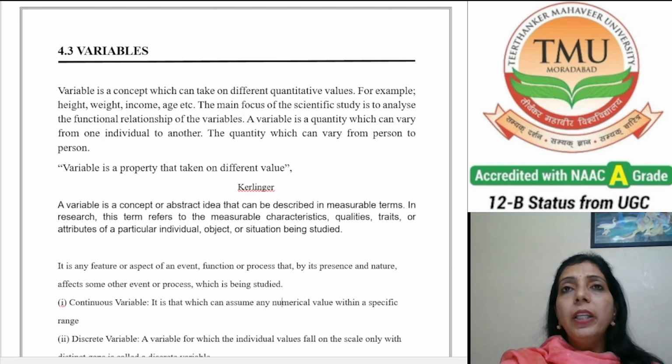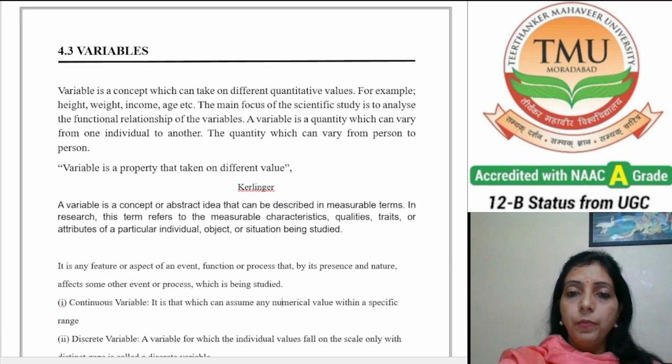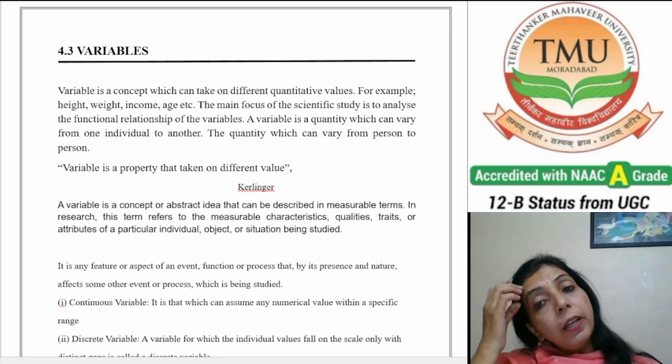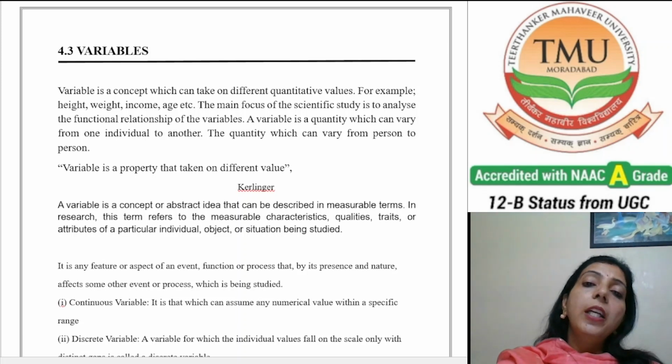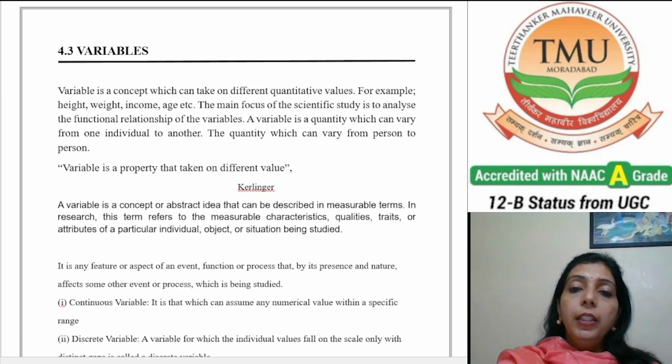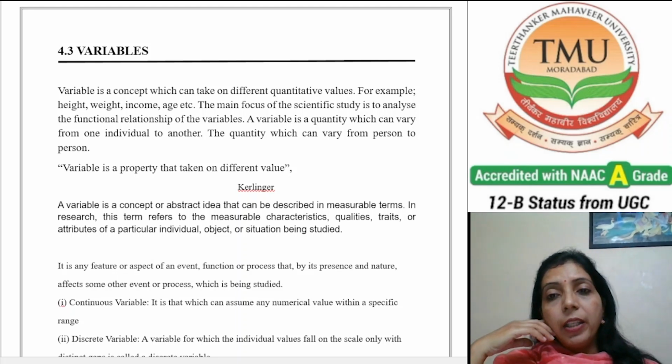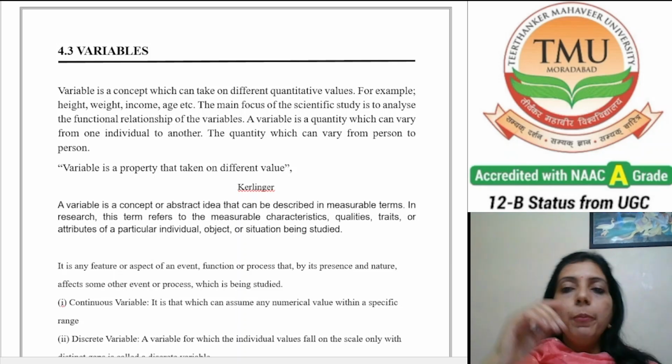So they will take on different values. So a variable is an entity that can take on different values. Anything that can vary can be considered a variable.